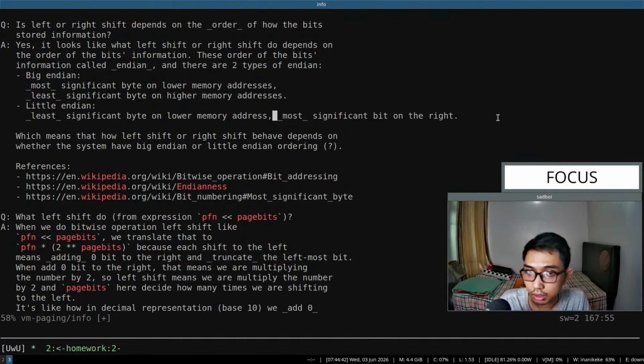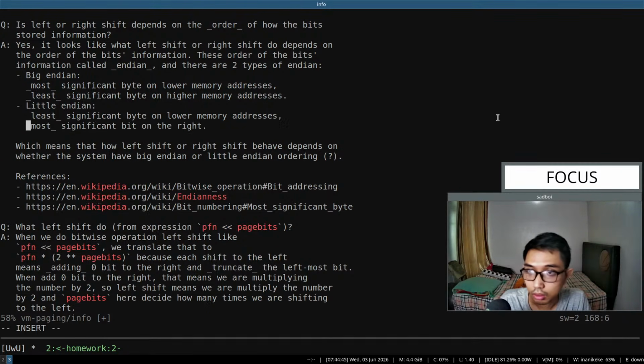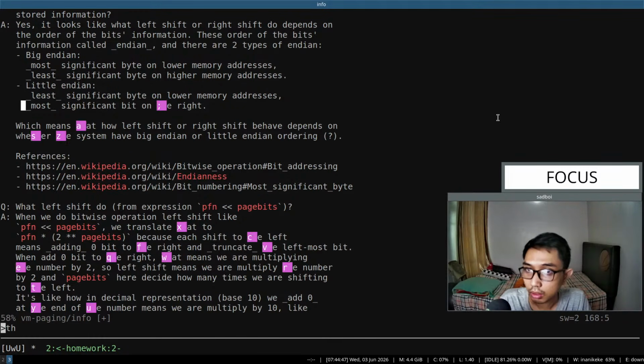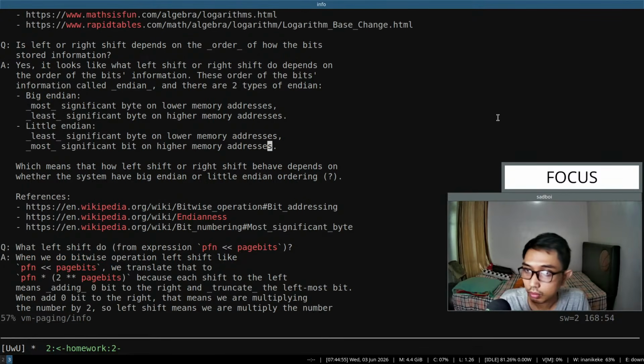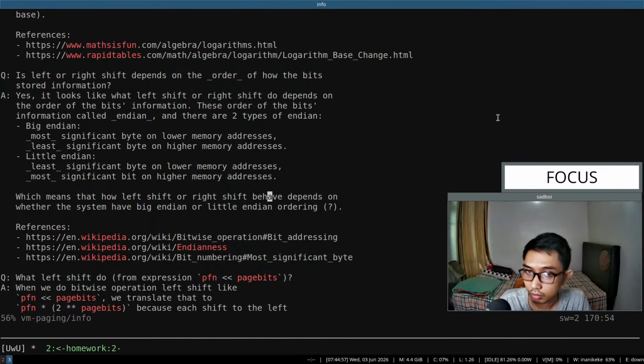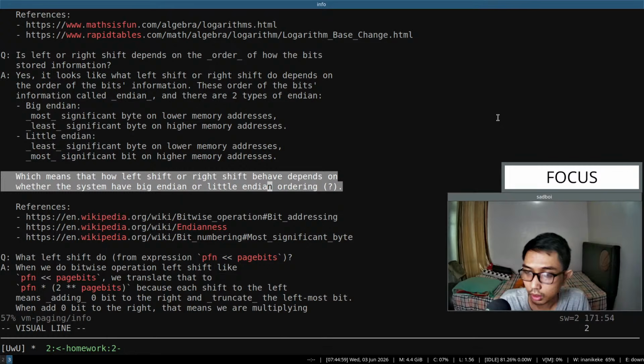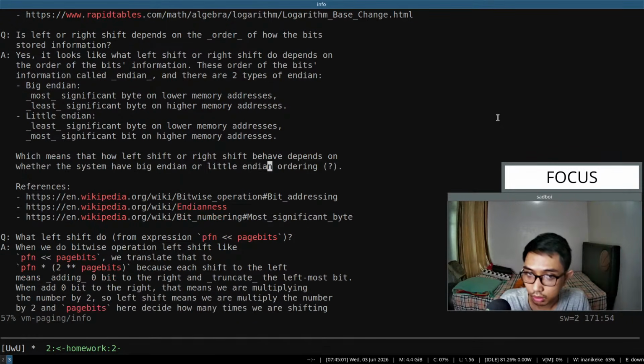Maybe something like this. On higher memory address. Now this is the question.